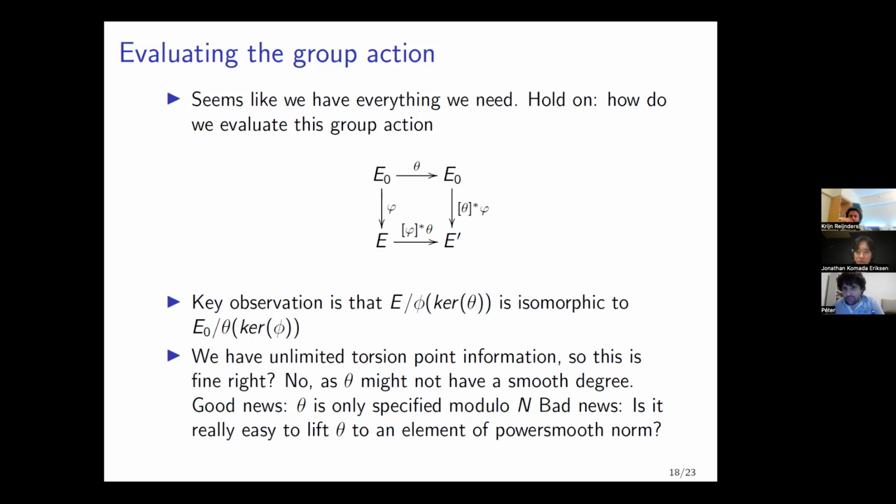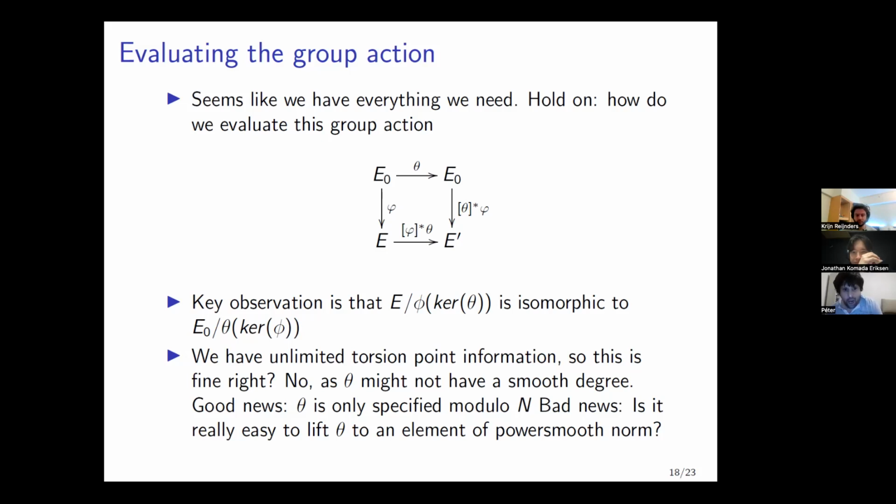Again, you have this very similar good news, bad news as with the Eurocrypt paper: theta is only specified modulo n. So you can try to choose a theta whose norm is power smooth. If you do that, then this approach works, because power smooth norm isogenies can be represented over a polynomially large extension field, and then you can really carry out this thing.